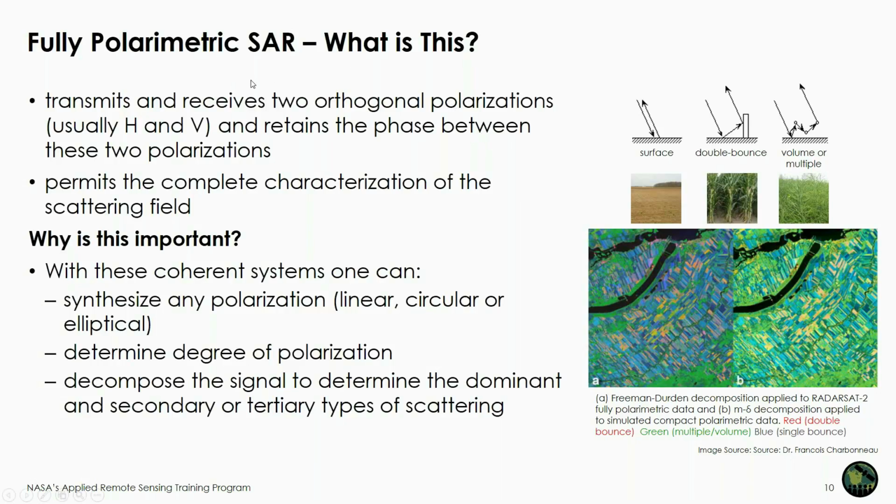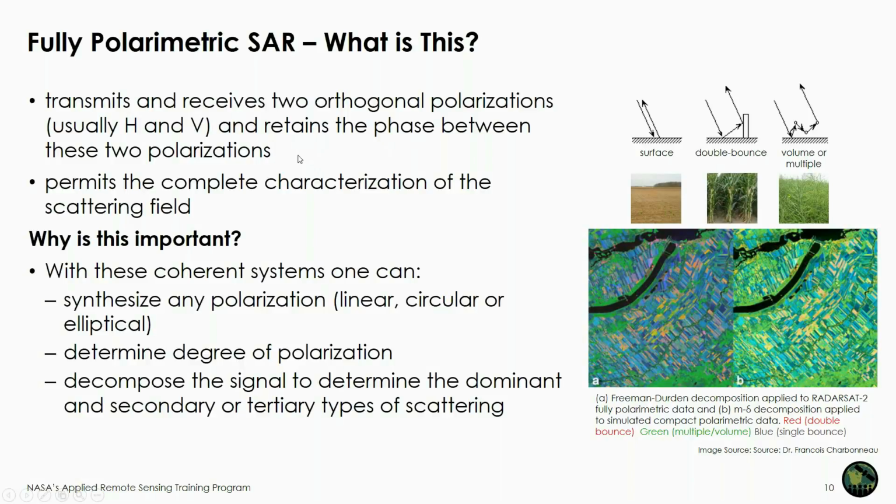There's also this concept of fully polarimetric SAR, so I wanted to take a minute to explain a little bit about what fully polarimetric radars are. These radars transmit and receive two orthogonal polarizations, typically horizontal and vertical, but they also retain the phase between these two polarizations, and we talked about that concept of phase a few slides ago.